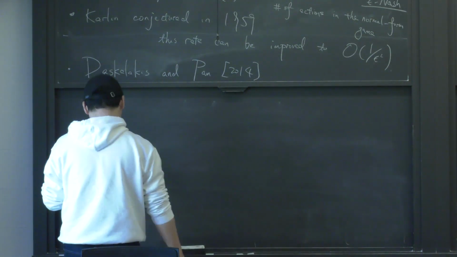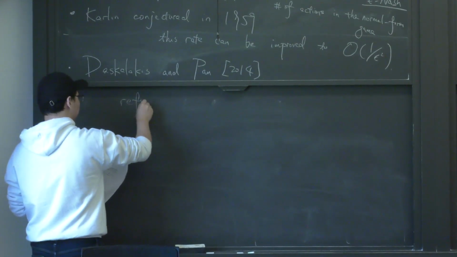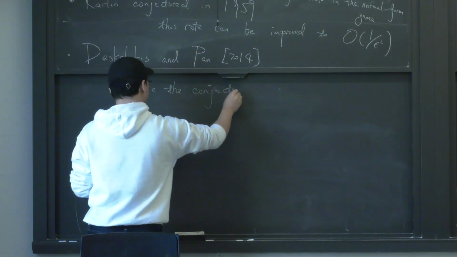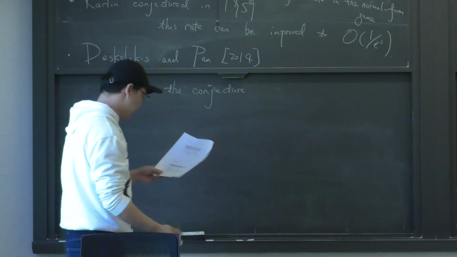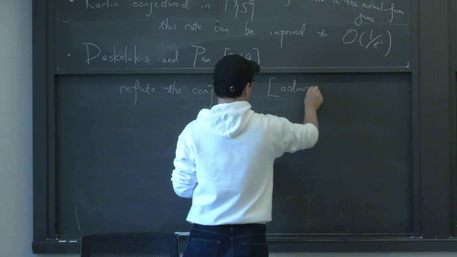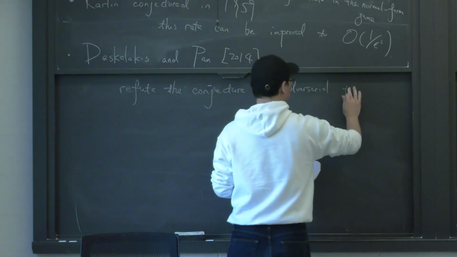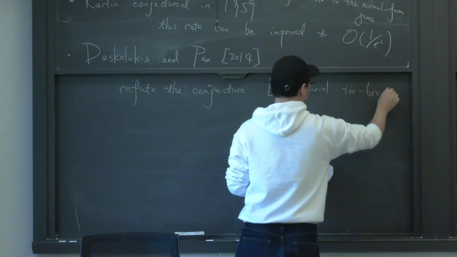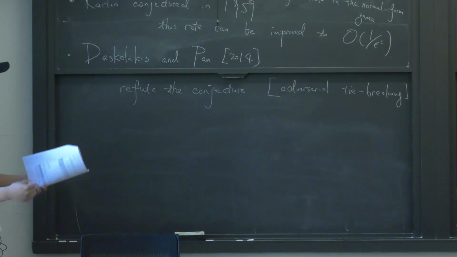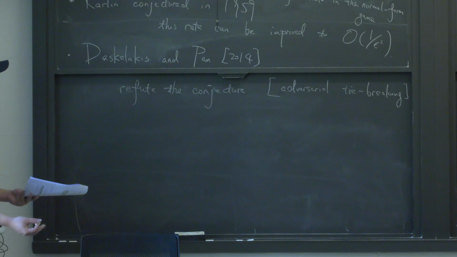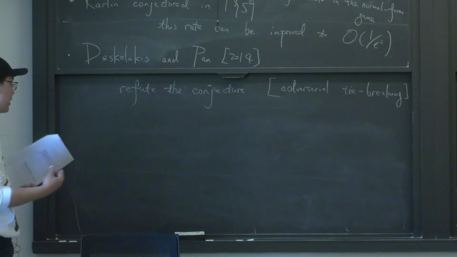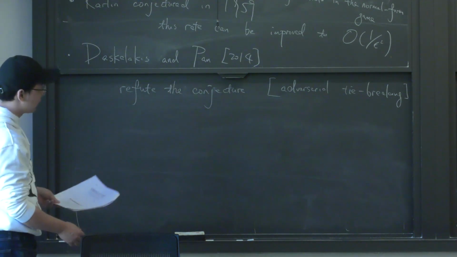The paper claims it can refute the conjecture, basically saying this conjecture is not true. But the paper assumes we have some adversarial tie breaking. That is, whenever there's a tie, they're able to choose in an adversarial, even inconsistent way. For example, whenever there's a tie, this time I can choose that action, and next time I can choose this action, in some adversarial fashion, which is not very common in practice.